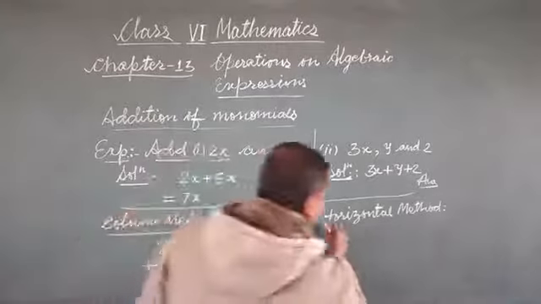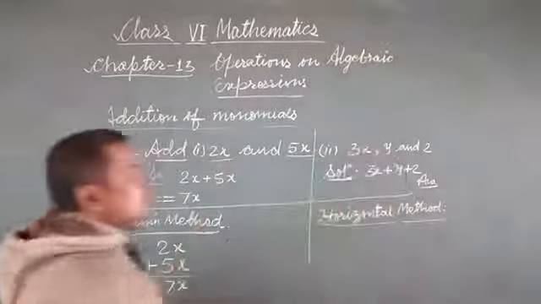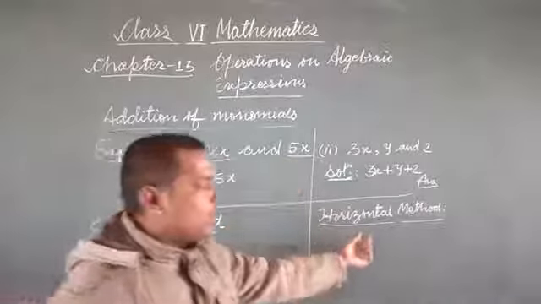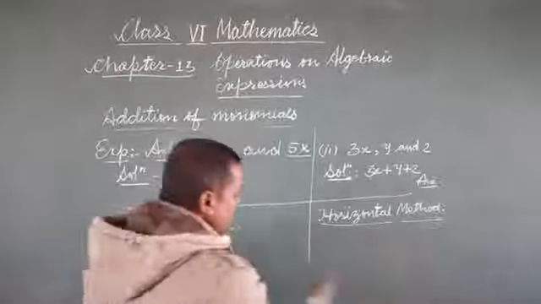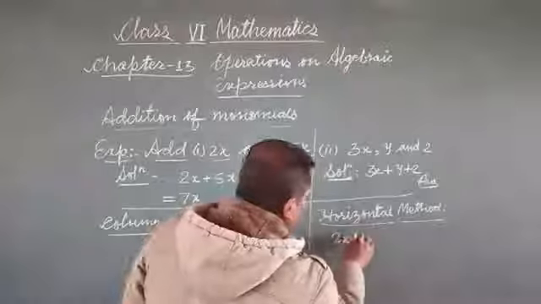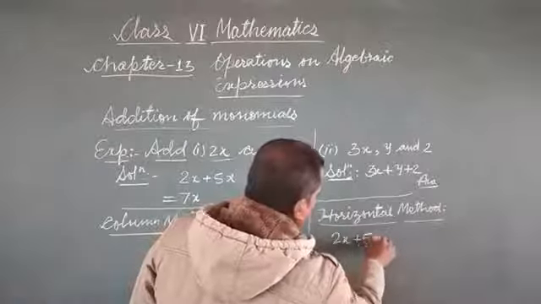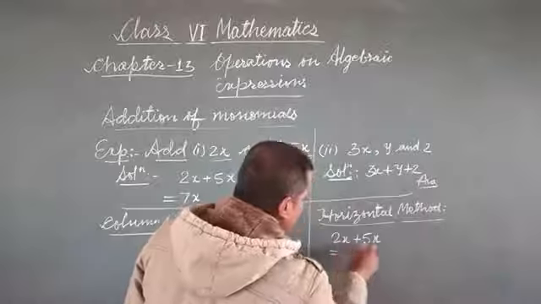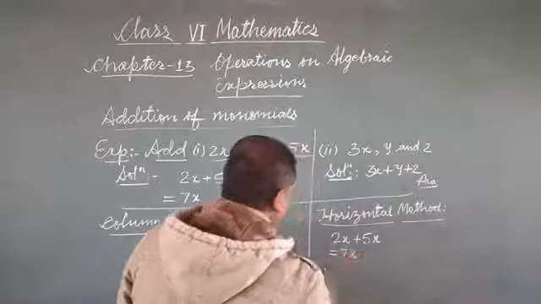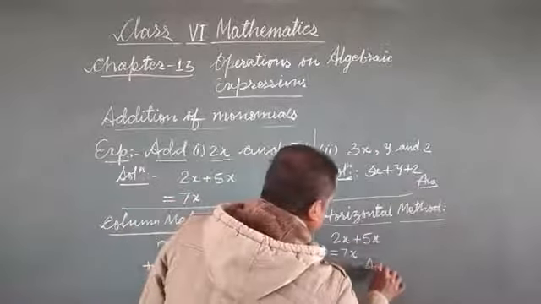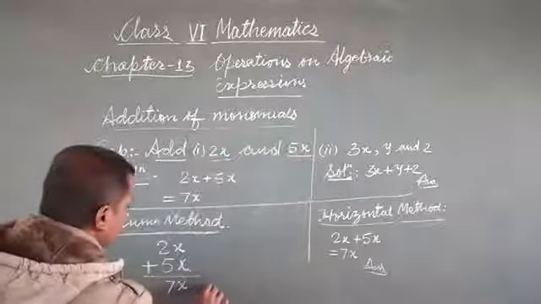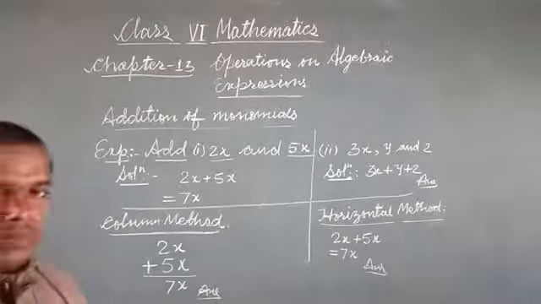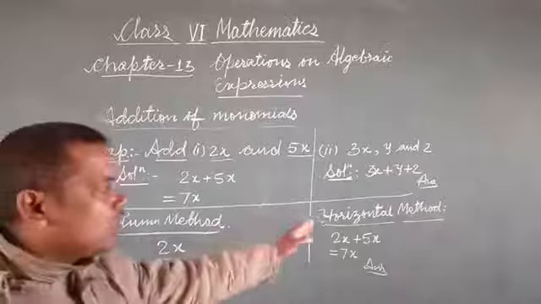Like if I have to add 2x and 5x according to the horizontal method, I write 2x plus 5x. And then the result will be 2 plus 5, 7x. So it will be the answer. Like this we do the sum in column method and horizontal method.